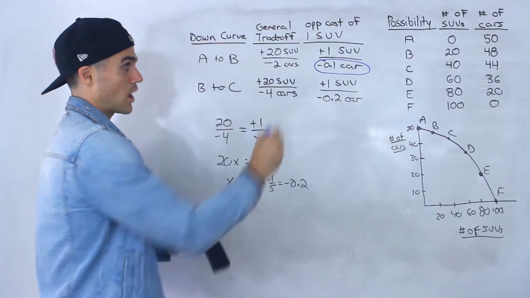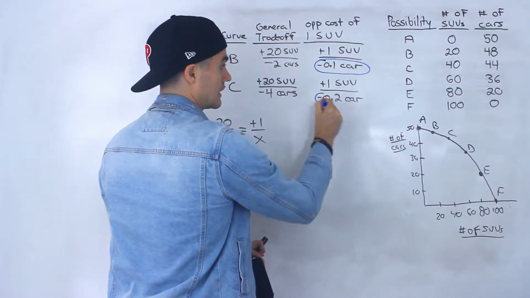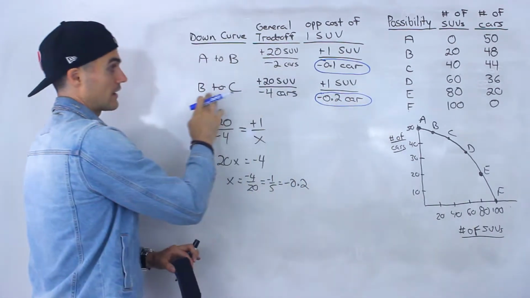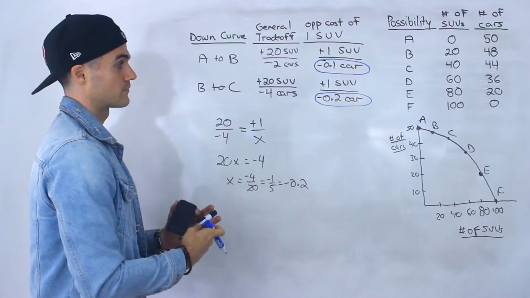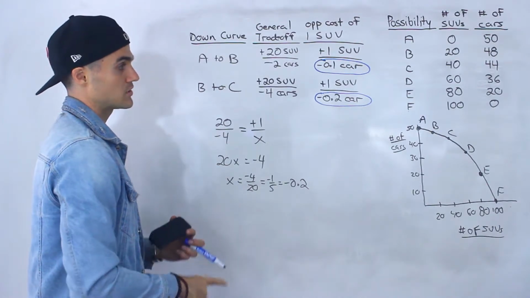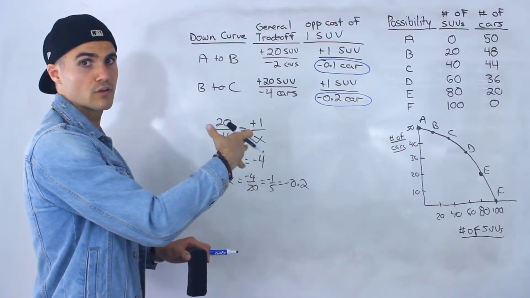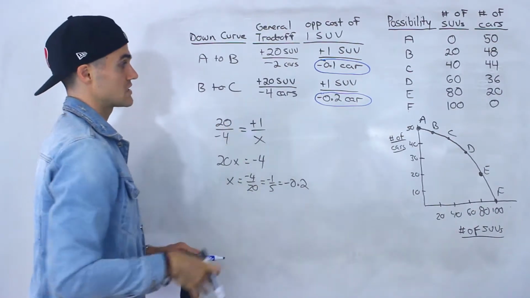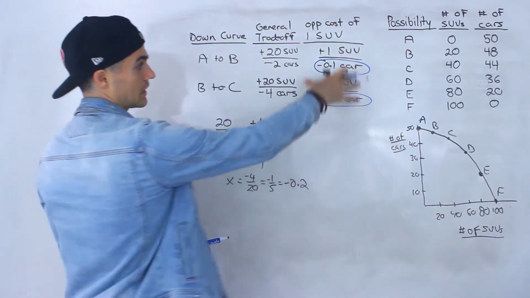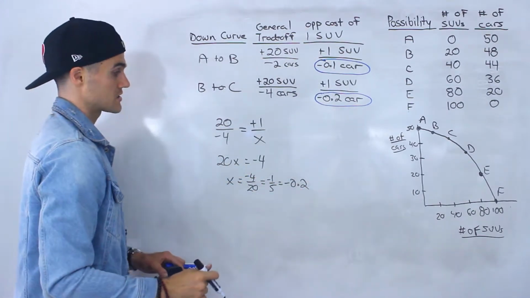Right? So notice that that opportunity cost is changing. It is different as we move from B to C. Right? So that's why that production possibilities curve, sometimes there's a little bit more work involved in analyzing it versus analyzing a budget line, because this was always constant.